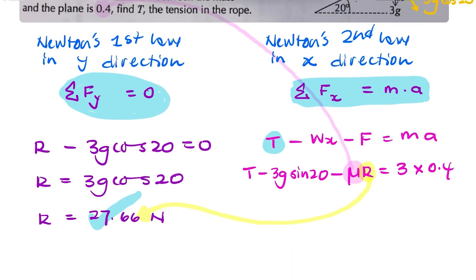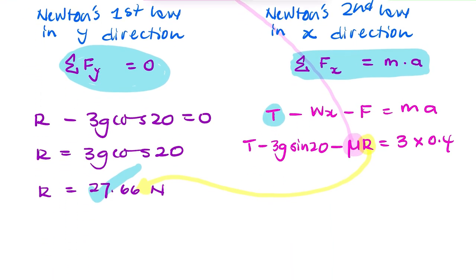So really we can just rearrange to find T. We can say T equals 1.2 minus 0.4 plus 0.4 times 27.66 plus whatever that is. So 3 times 9.81 times sine 20 is 10.07.